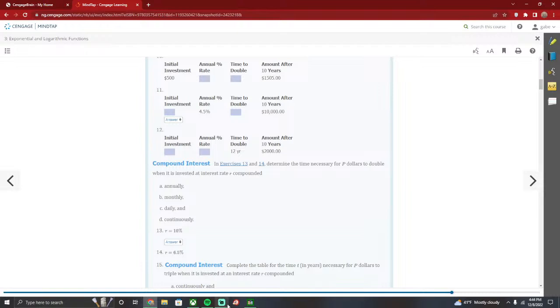Alright, determine the necessary time for P to become 2P when it's invested at that rate.